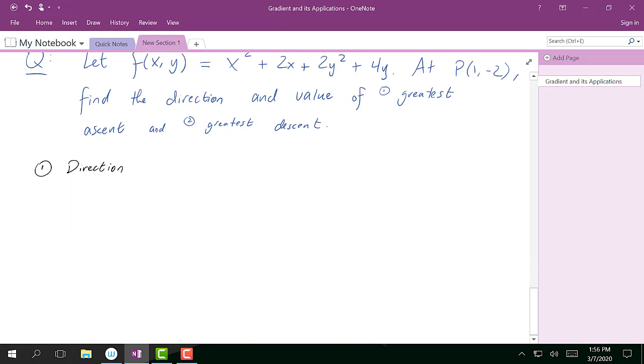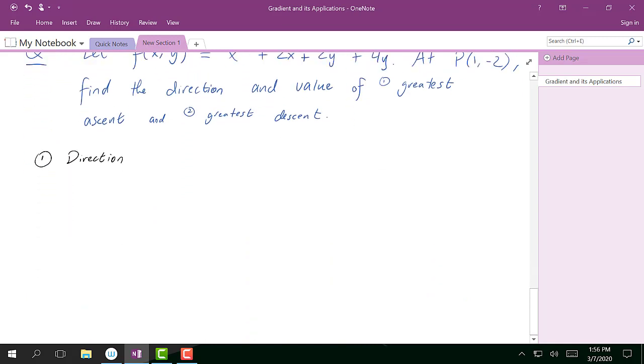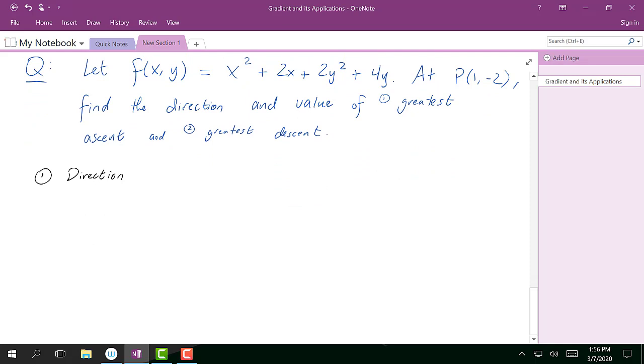So the direction of greatest ascent at this point is going to be a vector, so it's simply the gradient of f at the point (1, -2). And the value of greatest ascent is simply the length of that vector, that is the magnitude of the gradient evaluated at this point.